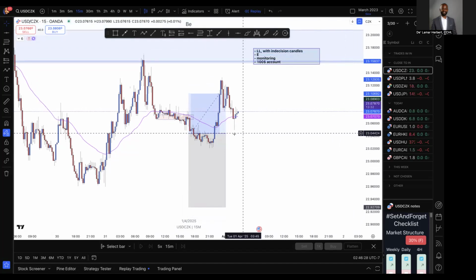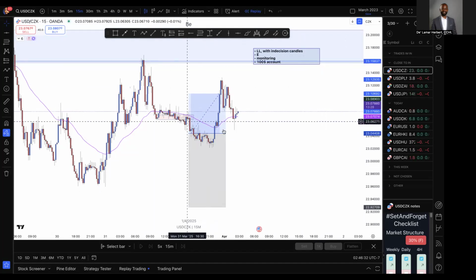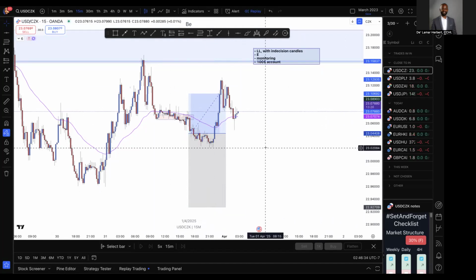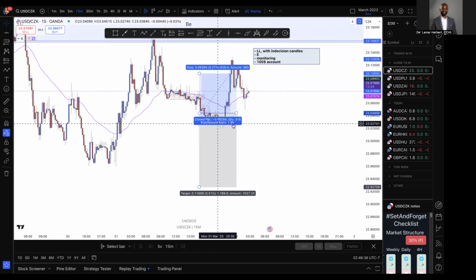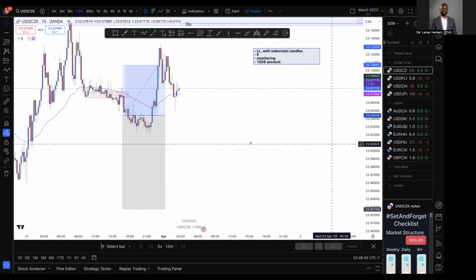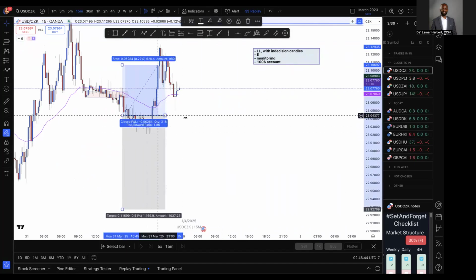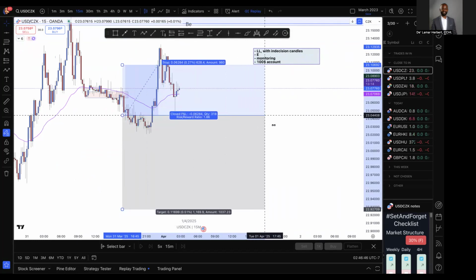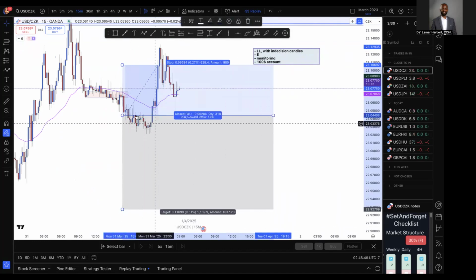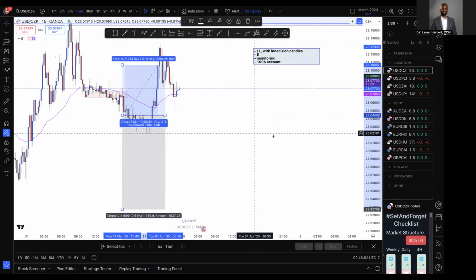But currently, technically, the 15 minutes not in sync. This is some accumulation here, so I could say it's accumulation, just to get that out of the way, but it's not really clear accumulation. So I'm going to wait.